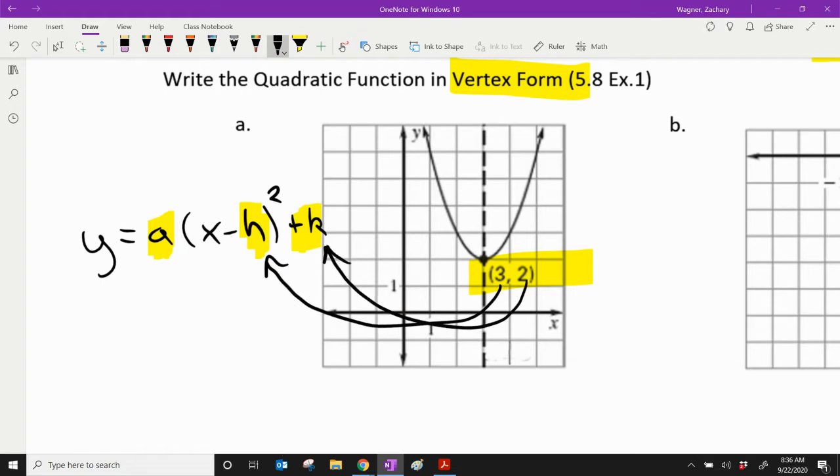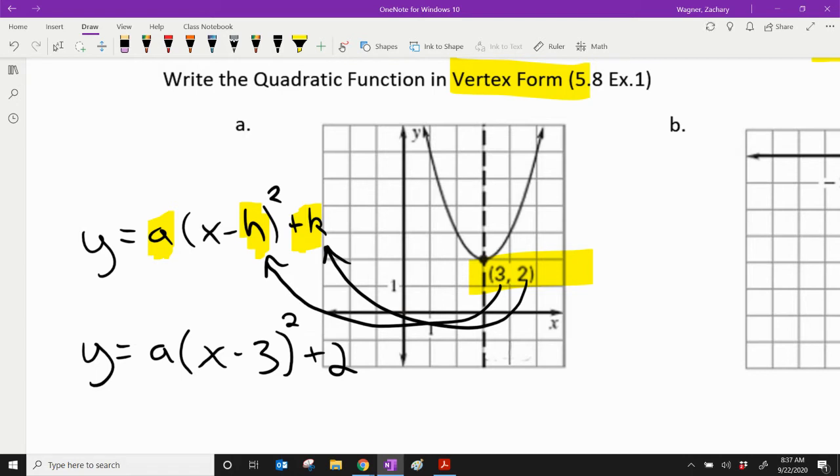We know that, so we can plug it in. y equals a. We don't know a yet. We'll go back to that. h is 3, because the x value of my vertex is 3. Plus 2. My k value is 2, because the y value of my vertex is 2.